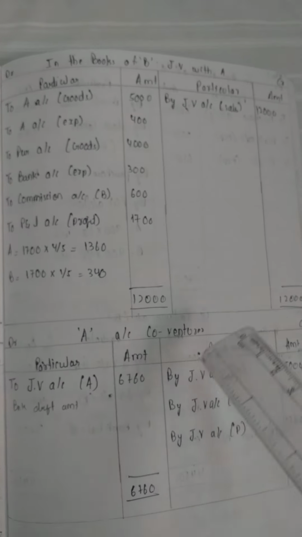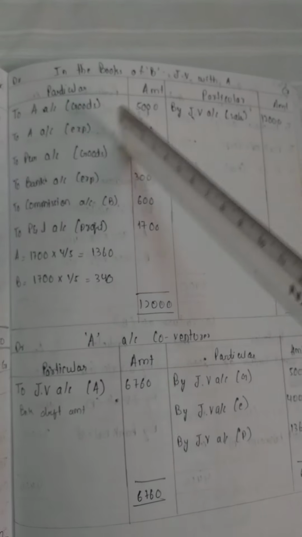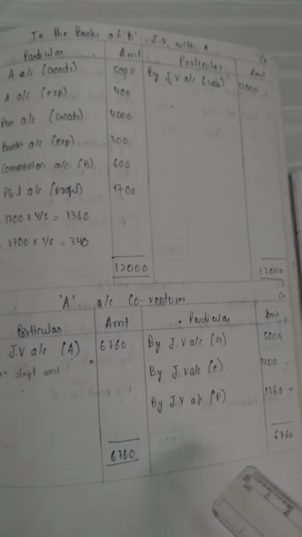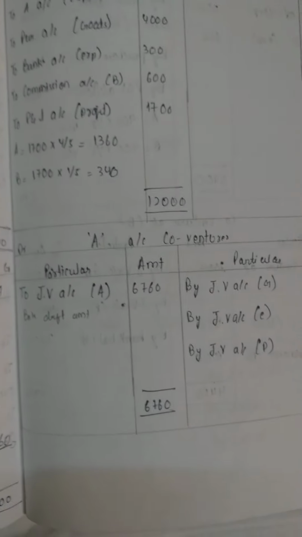To joint venture account, commission, 400 is the expenses, we have to write. Next, to joint venture account, profit, this is the profit, 1,360, so we have to write it here. We have to add, we will get the equal amount as 6,760. So this is the problem.